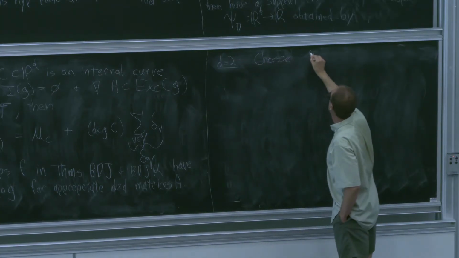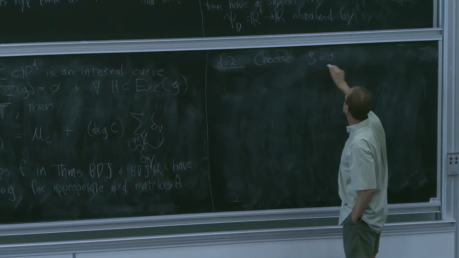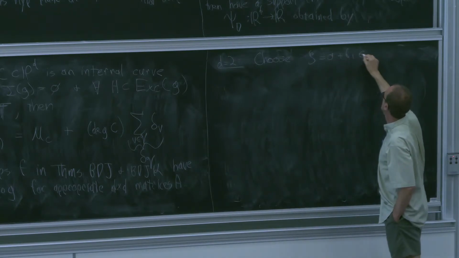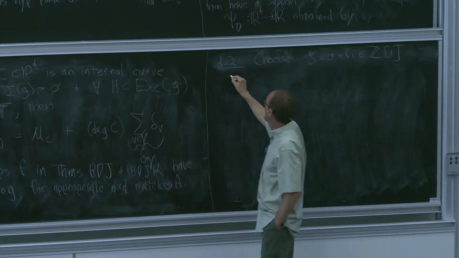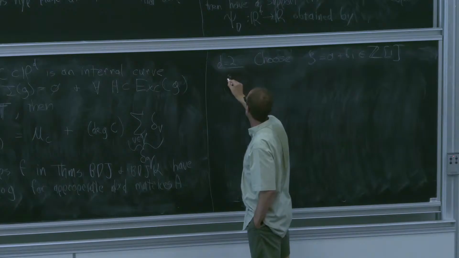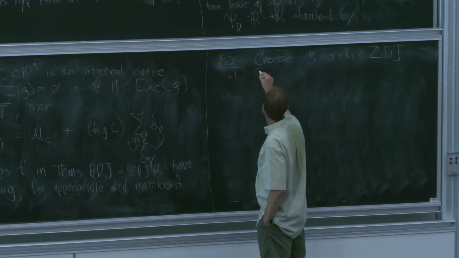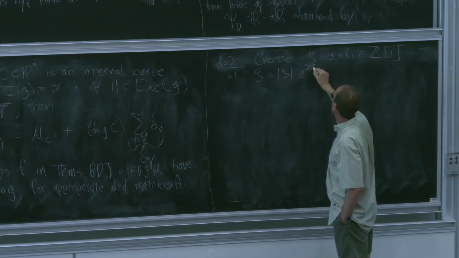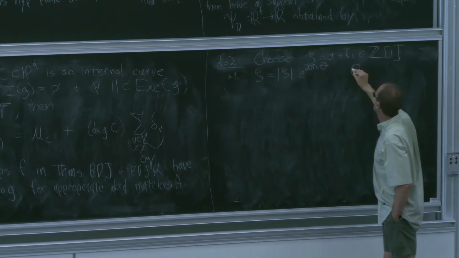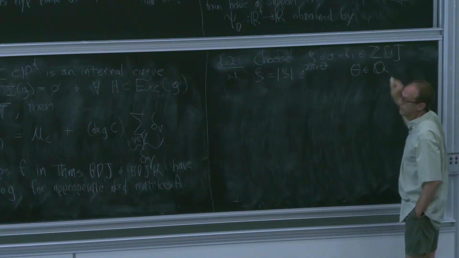So in dimension 2, you're going to take, that's supposed to be a zeta, a Gaussian integer zeta, such that the argument of zeta is irrational.